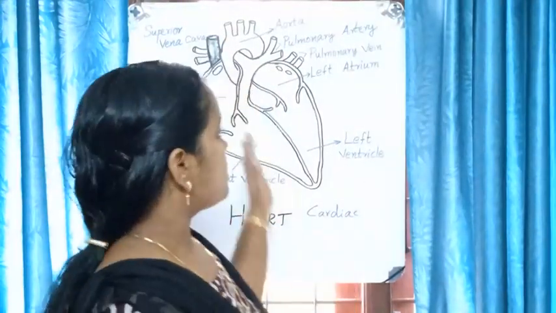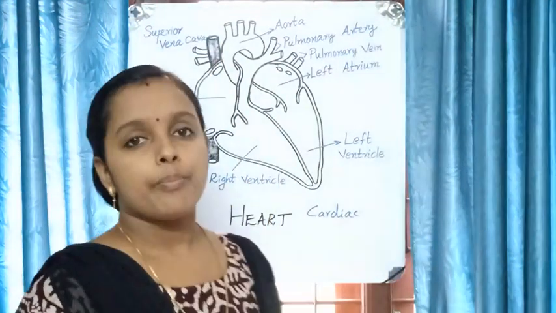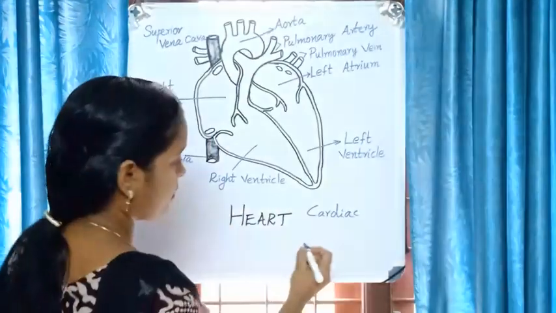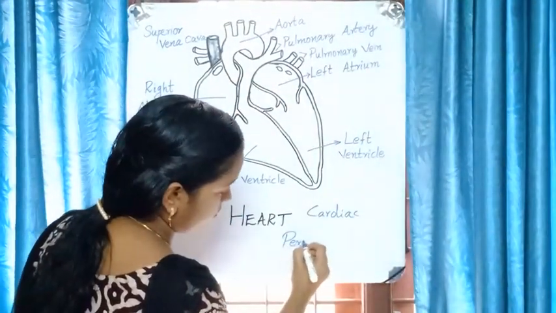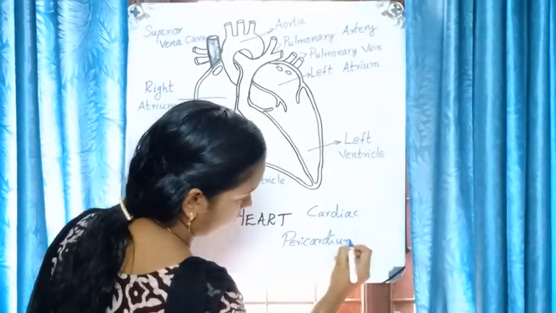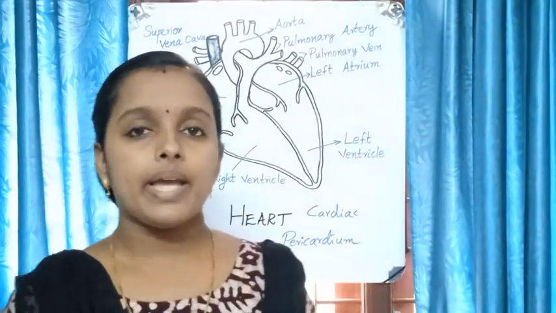And this heart is protected by a sac or a membrane. That membrane is known as pericardium. Pericardium is the protective membrane of our heart.